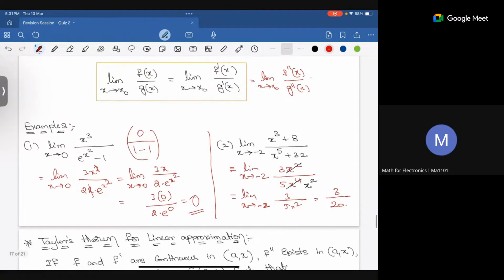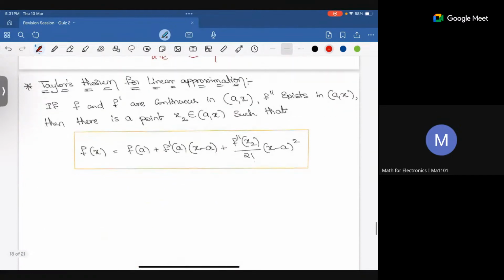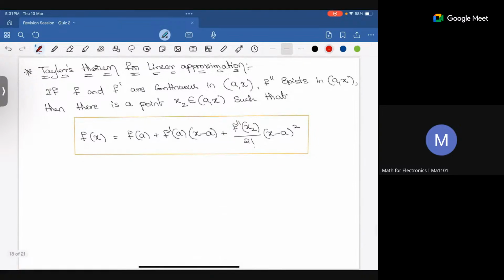Okay. That's it. So let's finally come to Taylor's theorem for linear approximation and quadratic approximation. As I said, we will only be talking about the Taylor series approximations for linear and quadratic, not beyond that. The Taylor's theorem for linear approximation requires some conditions. f and f prime should be continuous in the interval a comma x.